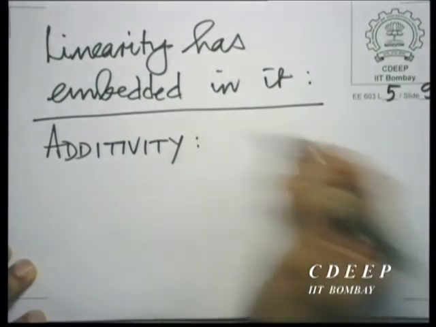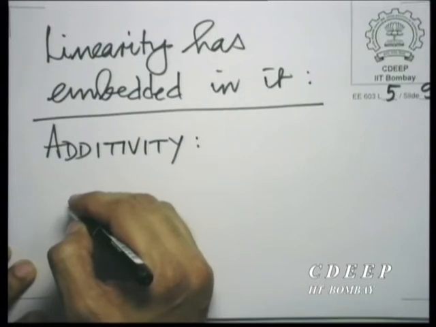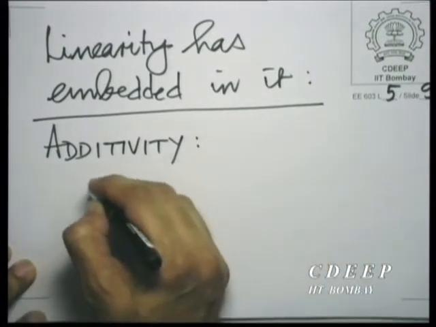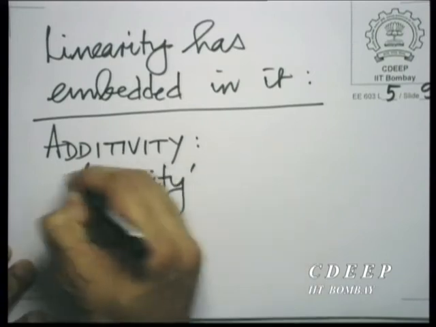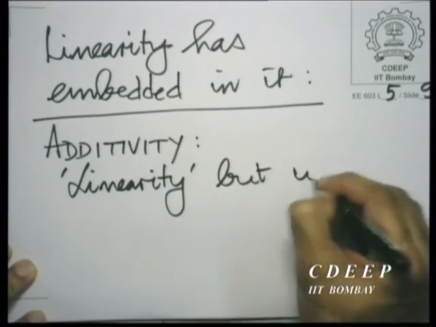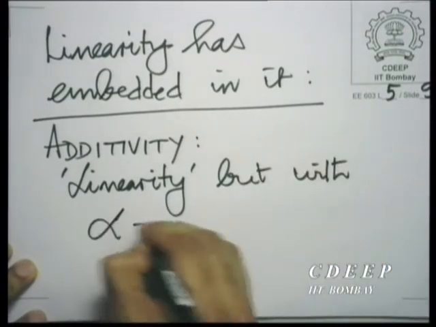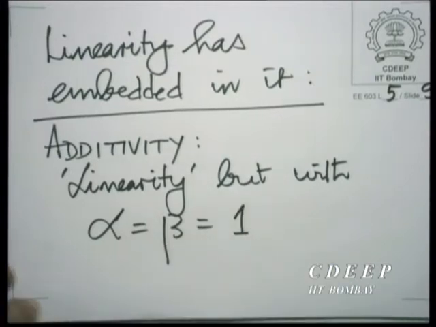And additivity is the restricted version of linearity, where we are only asking for linearity, but with alpha equal to beta equal to 1. So, essentially we are saying, if I take two inputs x1 and x2, if I were to add them, the outputs corresponding to x1 and x2 would also get added. That is what additivity means.